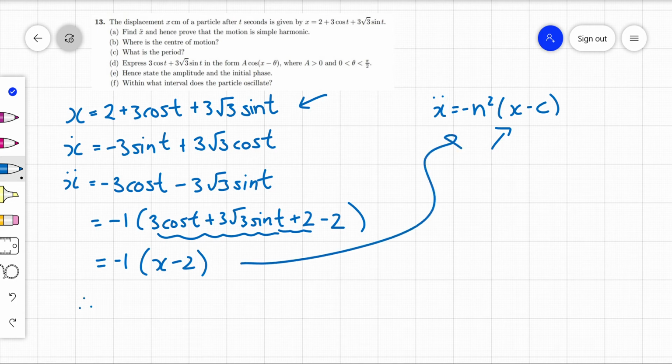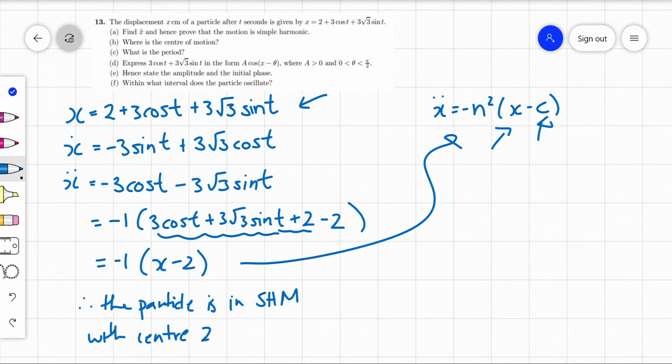So you can see that it is in that form, the form up here, minus n squared x minus c. So therefore we can say the particle is in simple harmonic motion. We can see from this that c gives us the center. In ours we've got 2, so the center is 2 centimeters.